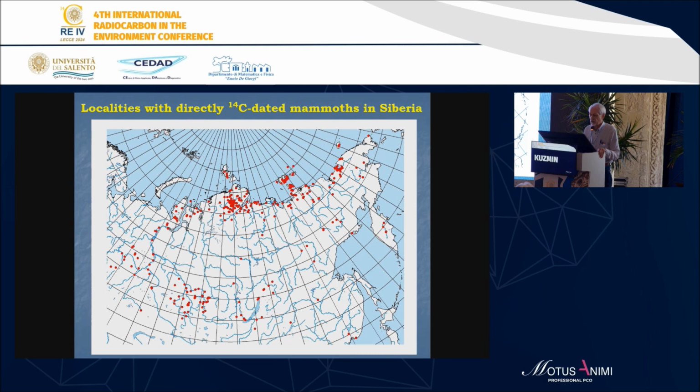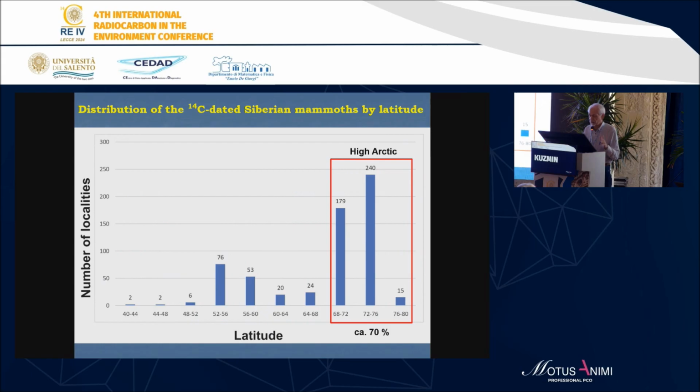If you look at the distribution by latitude, similar to what I showed, about 70% of dates come from the high Arctic, north of 68 degrees northern latitude, in other words, beyond the Arctic Circle. That's the current situation we shall take into account. But I think that's not a big problem because the area is big and we can still derive conclusions about spatio-temporal distribution.